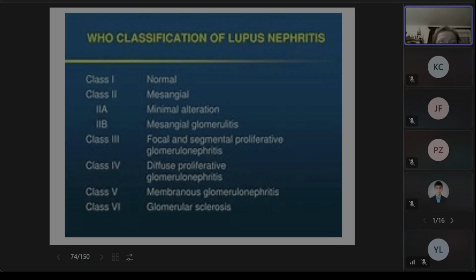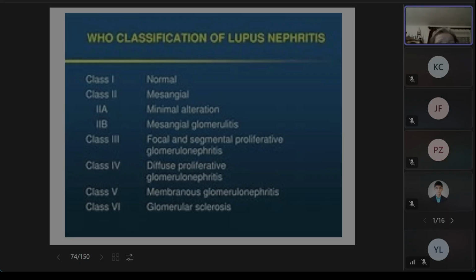So you can see the World Health Organization classification of lupus nephritis. Class 1 is normal glomerulus. Class 2 is mesangial proliferative glomerulonephritis. Class 3 is focal and segmental proliferative glomerulonephritis.